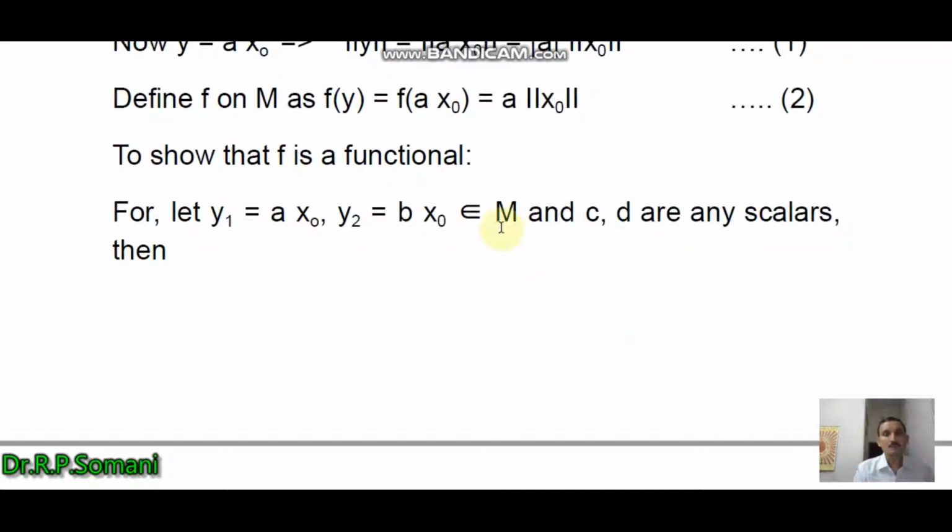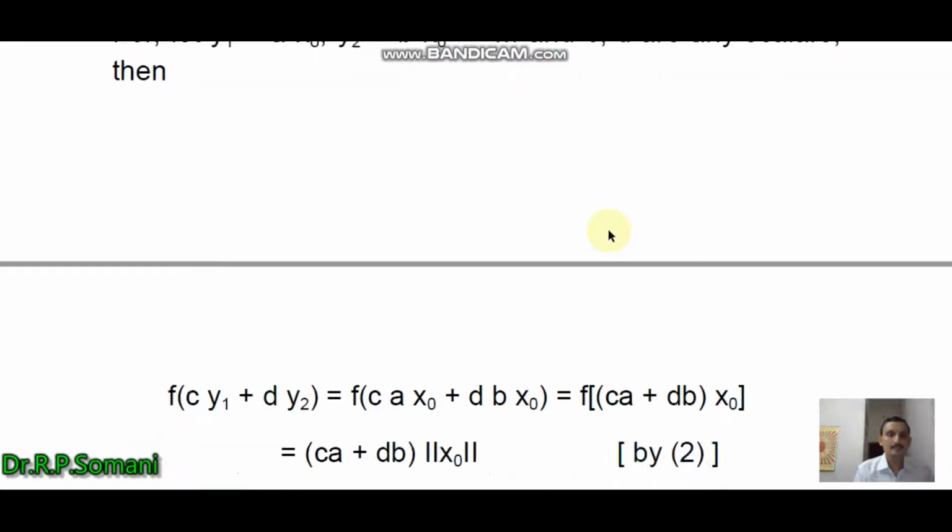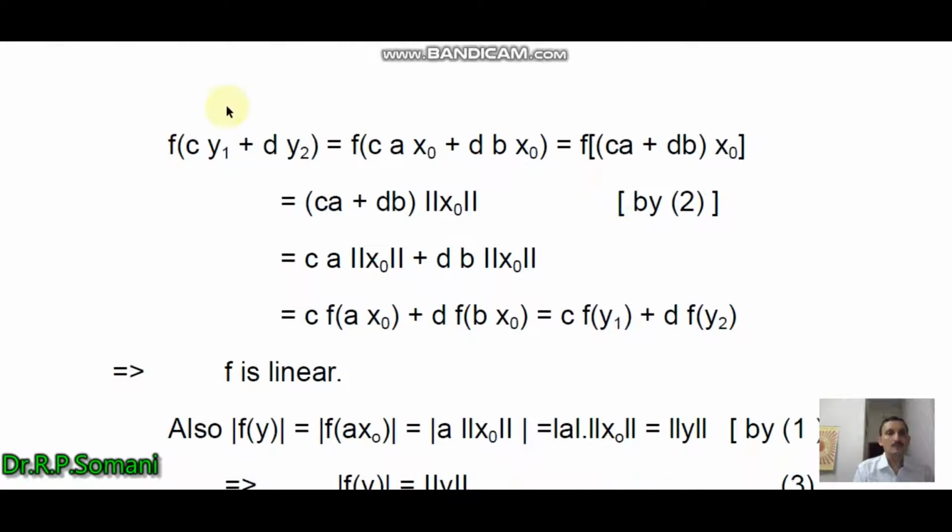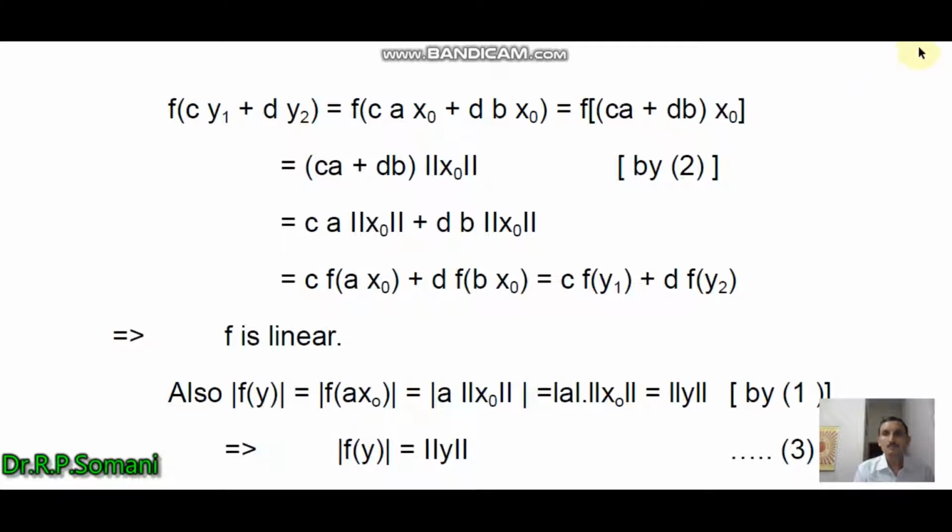First we prove that this is linear, and for this we take y1 equal to a x0 and y2 equal to b x0 belonging to M, and c and d are any scalars. Then we have f of c y1 plus d y2 equal to f of c a x0 plus d b x0, putting the values of y1 and y2.